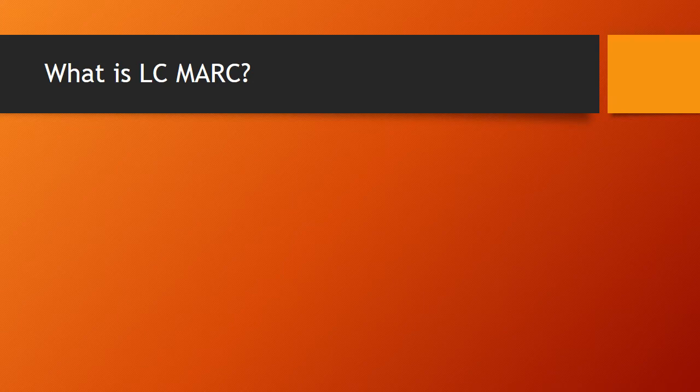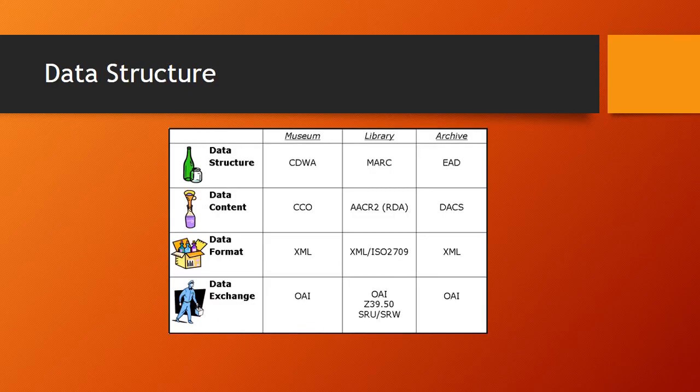So, what is LC-Mark? We talked about this a few weeks ago, and I had that chart with the analogy of LC-Mark being like a wine bottle. So what was that wine bottle? Well, the chart, a data structure. Next week, we're going to learn some different data structures for different kinds of library materials.